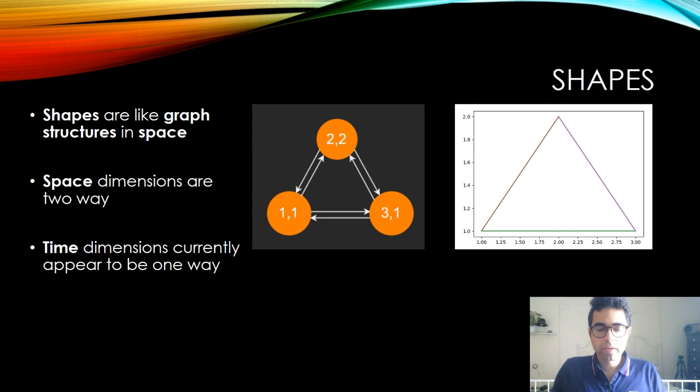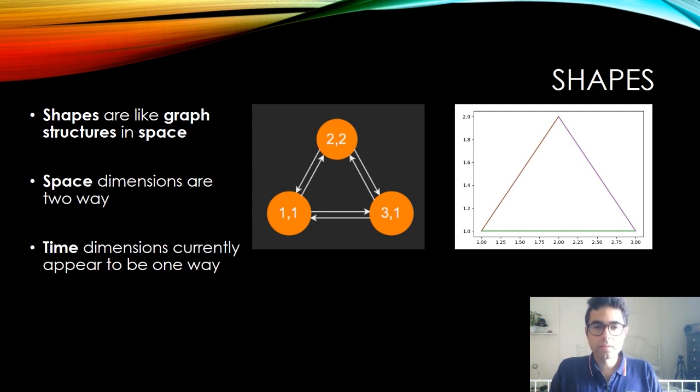So shapes are kind of like graph structures in space, where each node may be storing information on coordinates. I think space dimensions are two-way, so I've drawn a two-way information communication between each node in this triangle.